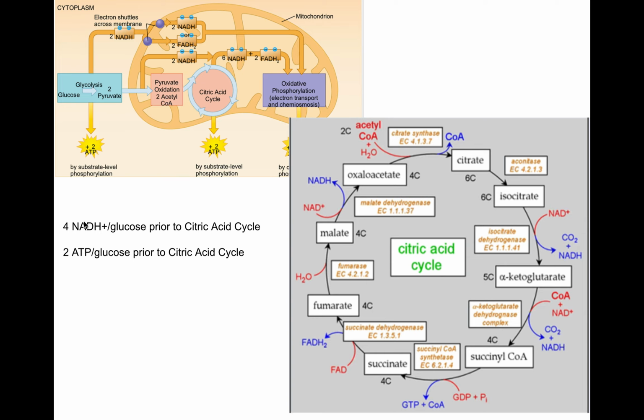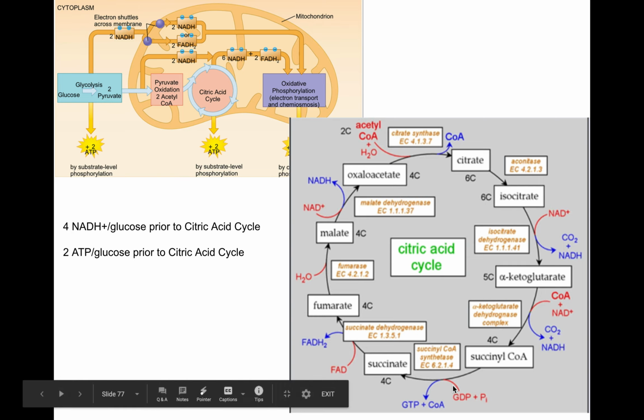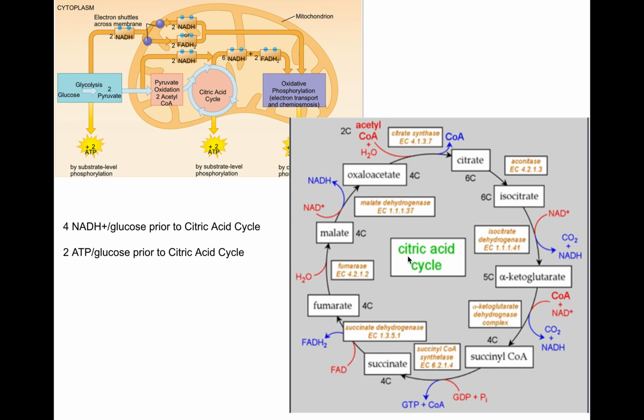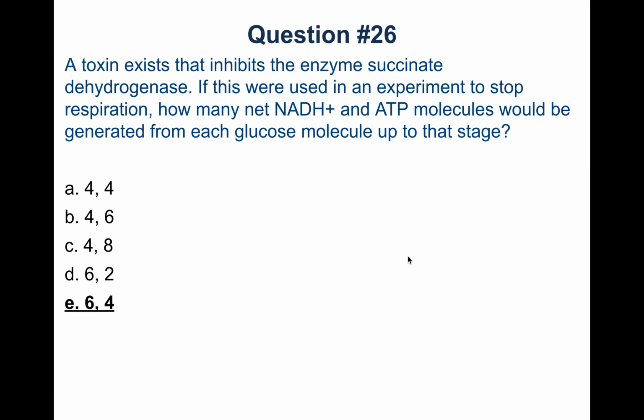So you get NADH, you get NADH, and then you have this part right here where GDP is typically transformed into GTP, but then the GTP can be used to transform ADP into ATP. So you can get another ATP molecule right here. So basically what you end up with is 6 NADH molecules.